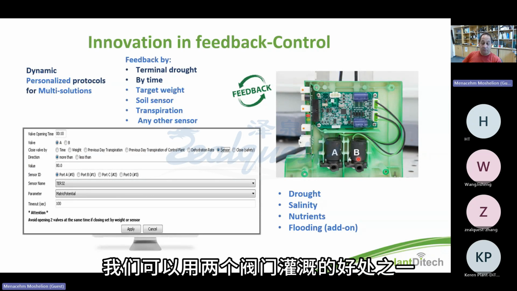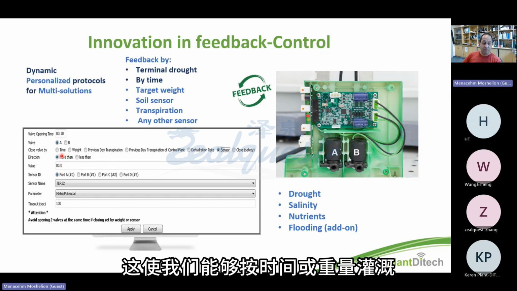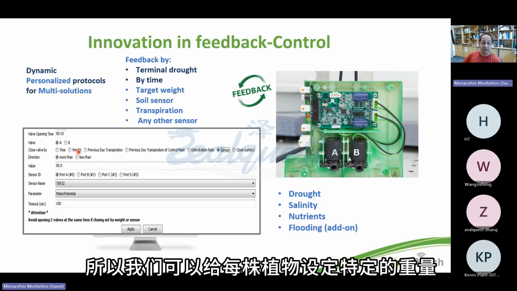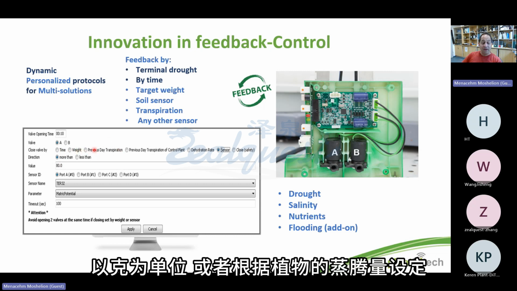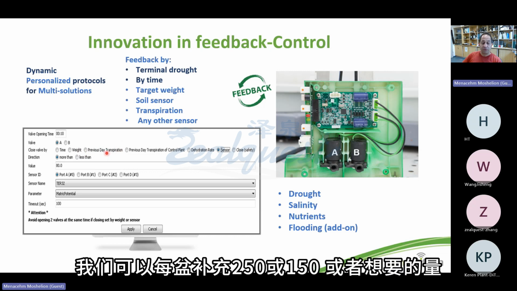As I told you, one of the benefits is that we can irrigate with 2 valves, valve A and valve B, and this enables us to irrigate by time or by weight. We can give a certain weight to each plant in grams, or by the plant's own transpiration. If the plant transpires 200 ml, we can bring back either 250 or 150, as much as we want per plant.